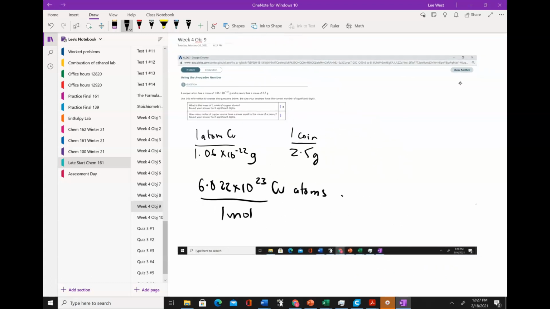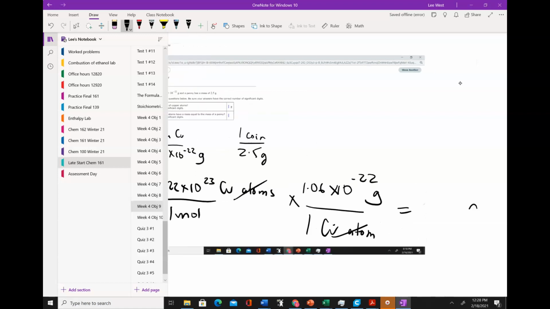And then what I know is that 1 copper atom weighs 1.06 by 10 to the minus 22 grams for 1 copper atom. There we go. So that cancels out, and then that's going to give me grams per mole. Got my calculator, give that a go.